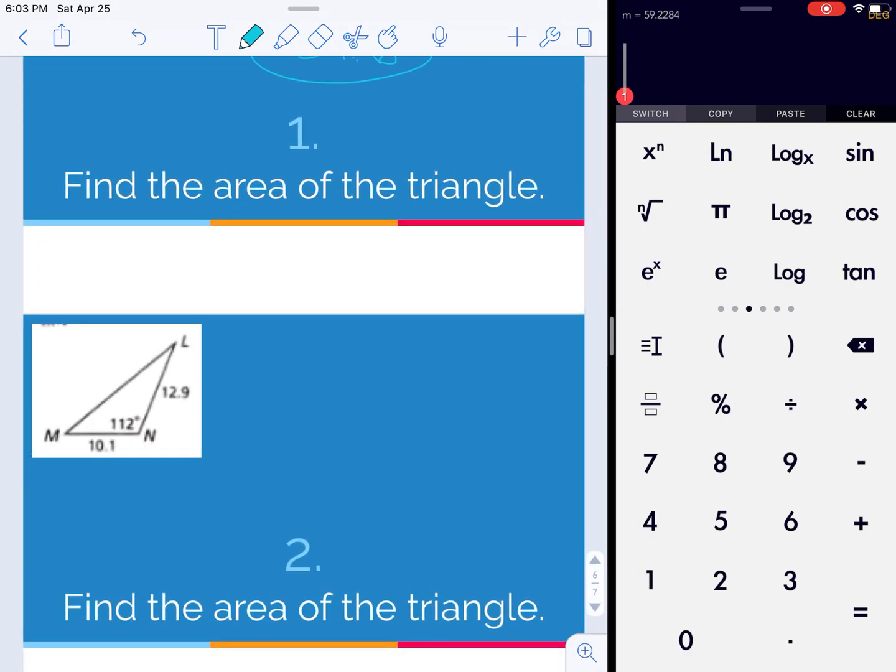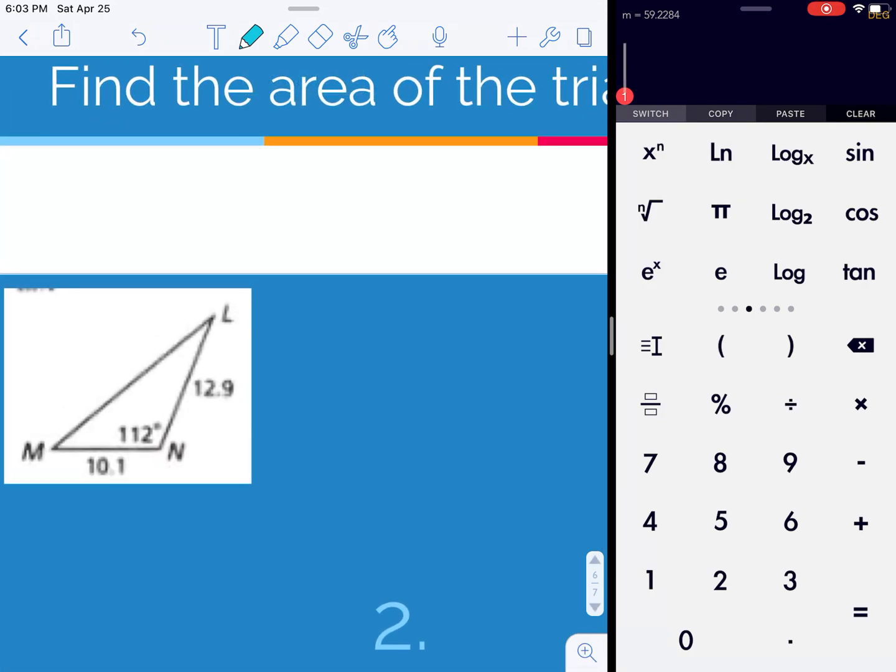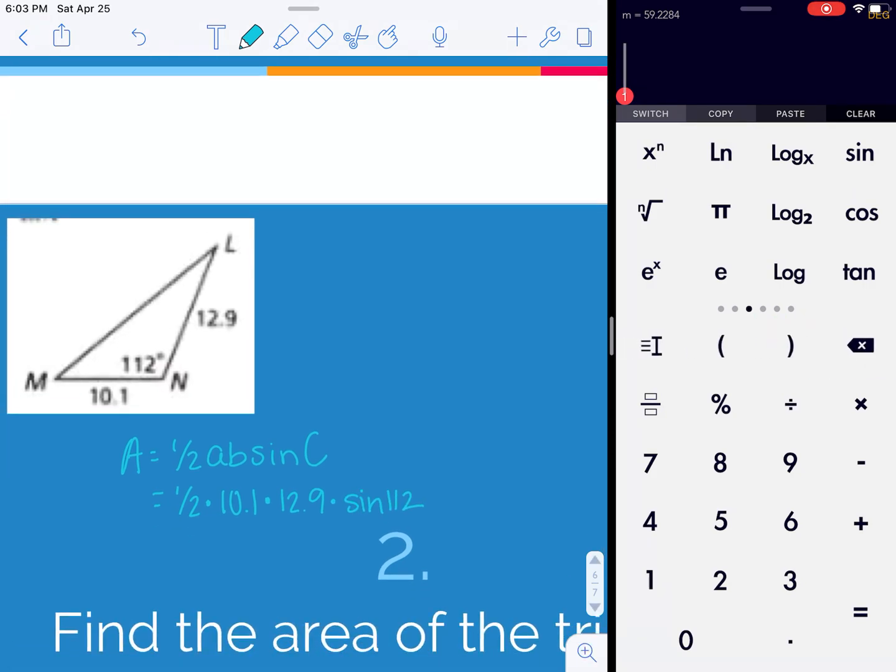All right, I'm asked to find the area again. I'm starting with my formula. Area equals 1/2 AB times the sine of C. Plug in your numbers. So I'm really doing 1/2 times 10.1 times 12.9 times sine 112.